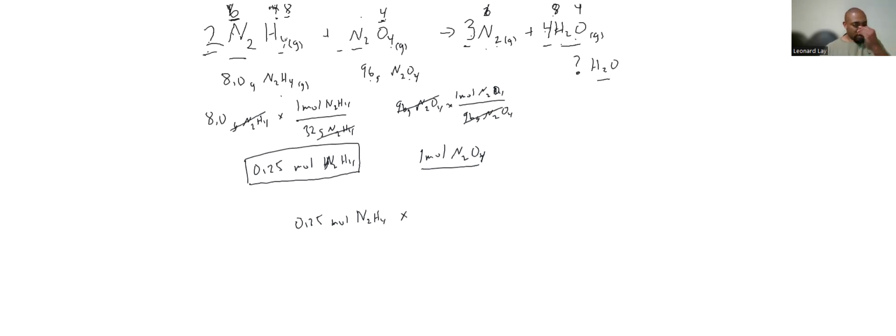And then we multiply that times our ratio, which is 4 moles of water for every 2 moles of hydrazine. So the moles of hydrazine will cancel out, and we will have 0.50 moles of water.